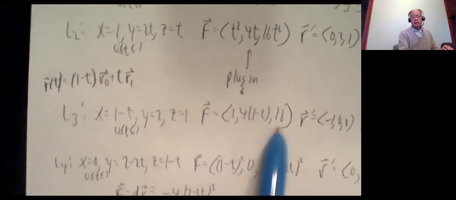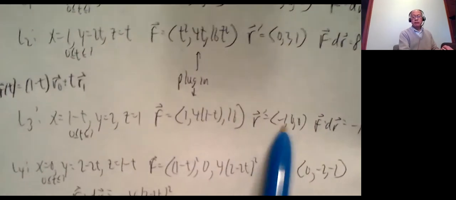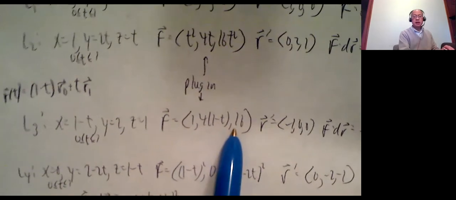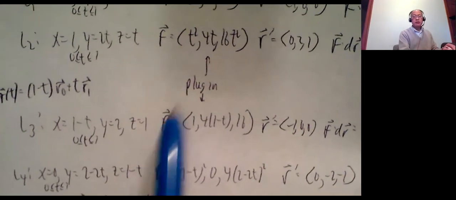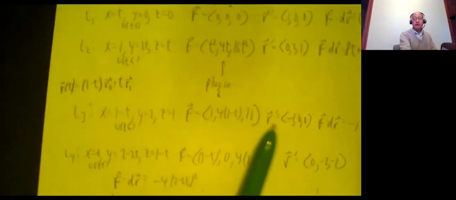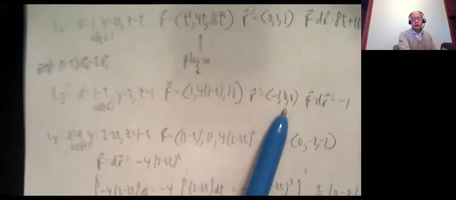In actuality, it doesn't matter what these are because I'm going to multiply by 0 and 0 anyway. Okay, and I have 16. 16 times 1 is 16. But in reality, you don't really care what these are. It's 1, something, something, dot -1, 0, 0. So maybe I'll just leave it like that.